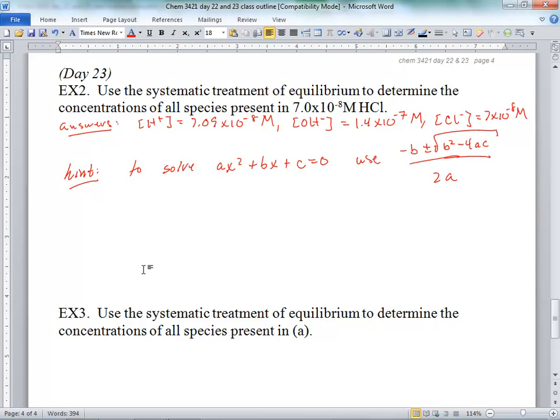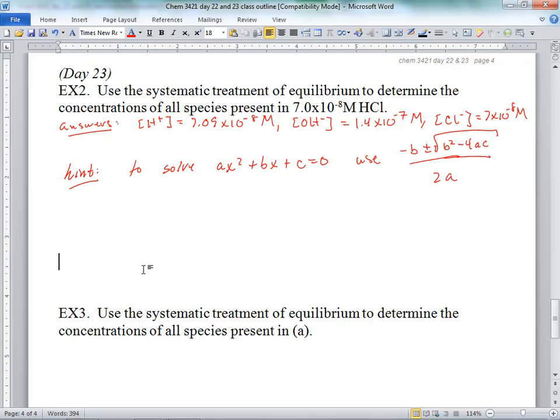So now you've got your 3 equations and 3 unknowns. The concentration of chloride equals this, so that's an equation: bracket Cl minus equals that number. Now you can just start substituting. Substitute that number in here and solve for, say, H plus.